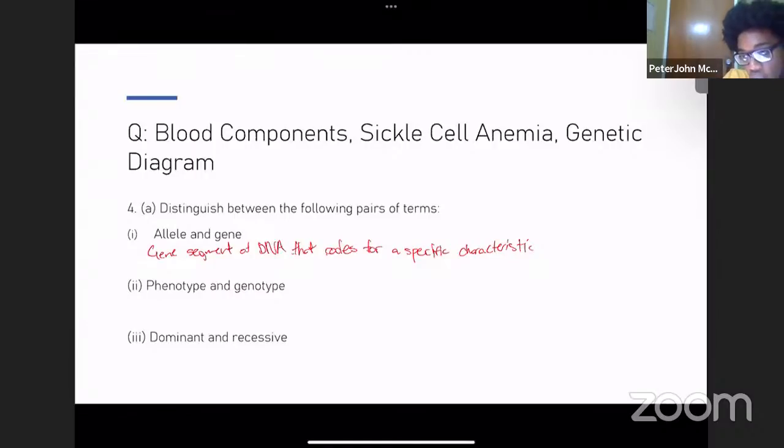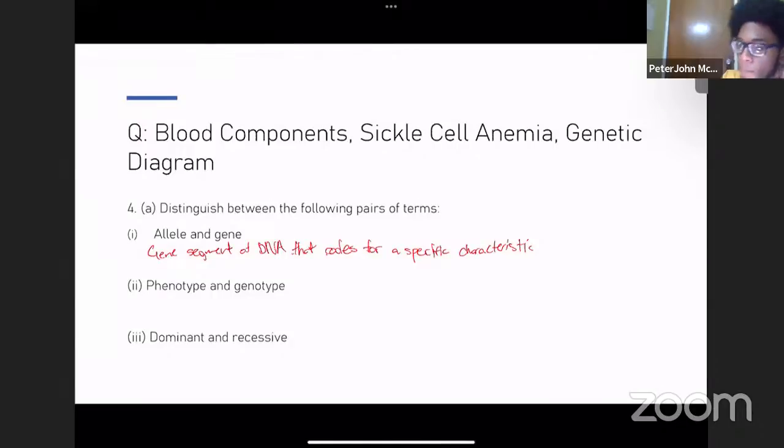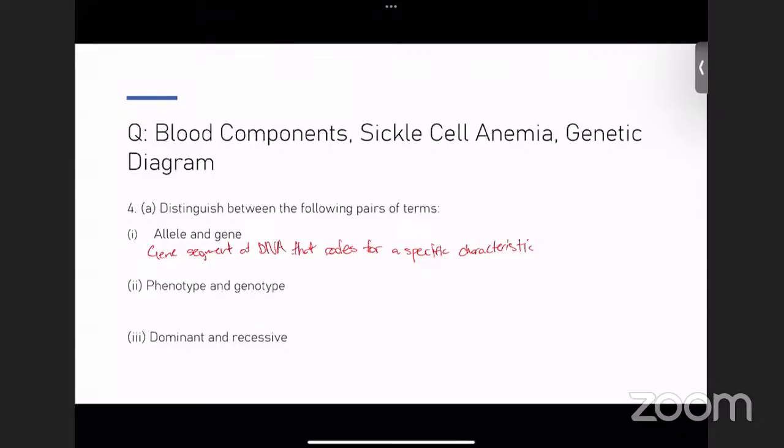So what's an allele? A trait. I was saying a specific trait or single trait. Yeah, but give me more than that. Alternative form of a gene.